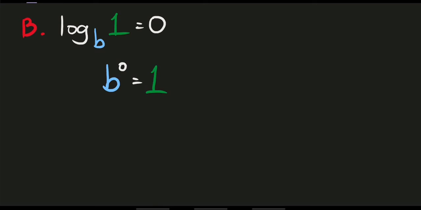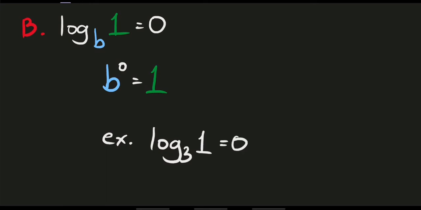Let's try to solve an example. For example number 2 for this given property, let's say we have the logarithm of 1 with the base 3. According to this property, since the number is 1, automatically the answer is 0. Let's double check our answer.